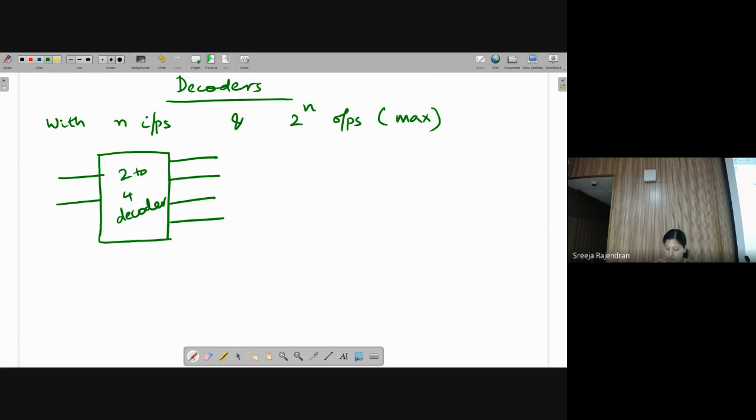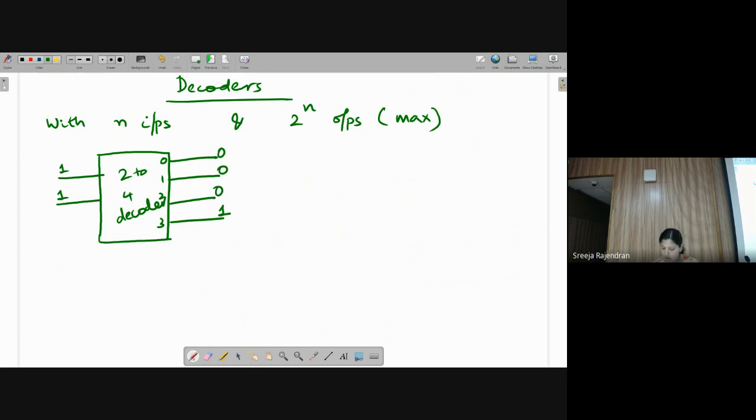If my input combination is 1, 1, one of my output lines will be set to 1. Which output line? For the combination 1, 1 at the input, it is output 3. This line will go to 1, and the rest will stay at 0.